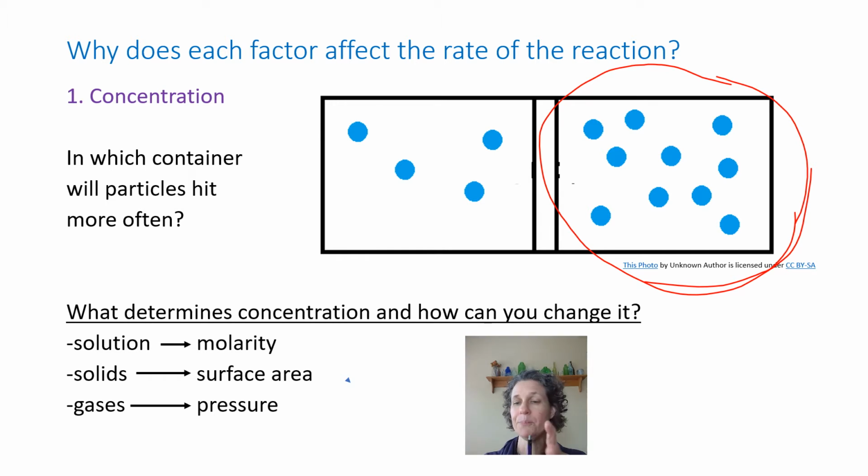into your cup. With solids, concentration is more thought of in terms of reactions, at least in terms of surface area. So if you can increase the surface area, you will basically increase the concentration. You will raise the rate of reaction. So this is like saying, if I drop a sugar cube into my tea, or if I put a spoonful of sugar into my tea, what's going to react faster, what's going to dissolve faster?